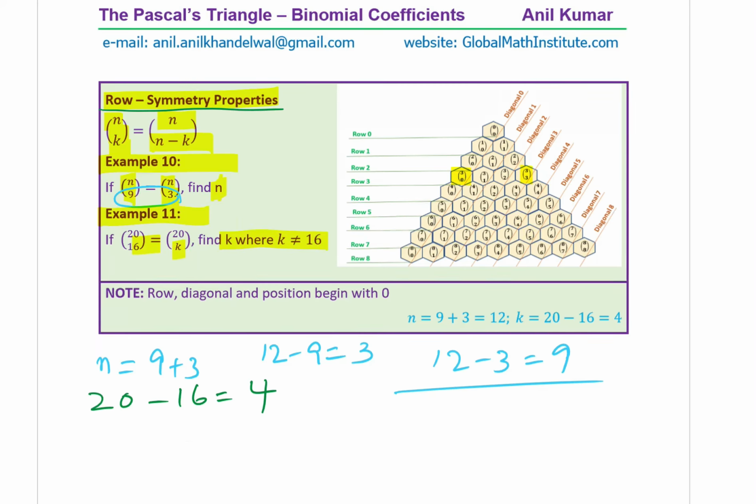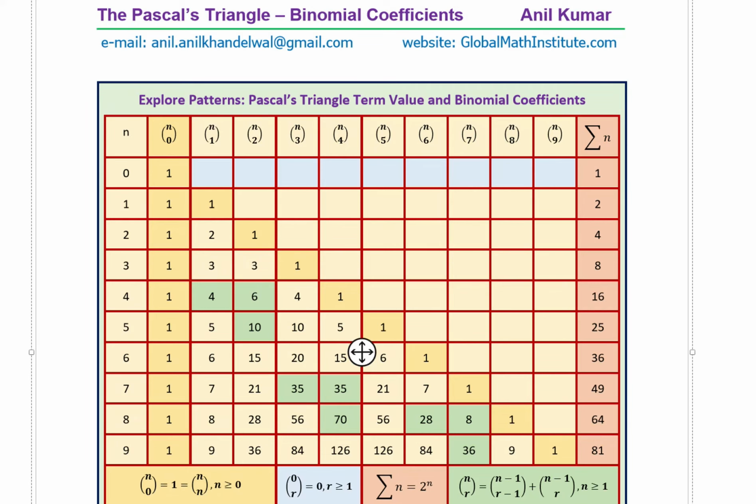Perfect. Now here is a different look of the same triangle. If I left align all the values or the terms in the triangle, it will look exactly like this. So what I've done, instead of that triangular form, I put them in rows and columns. Makes sense, right? It is easy to see many patterns here.